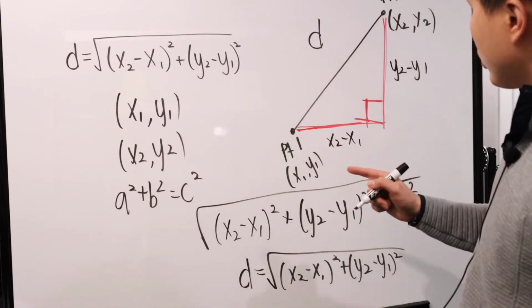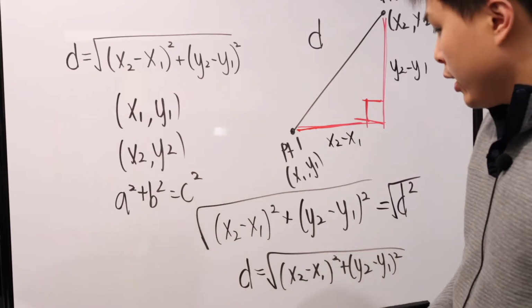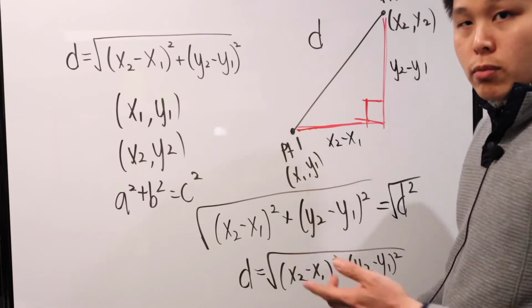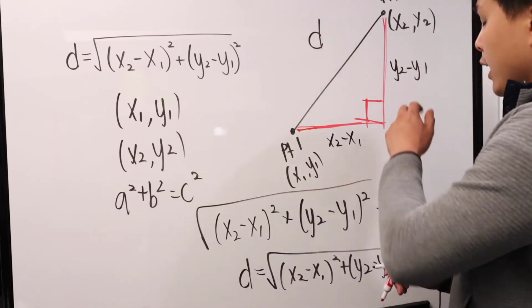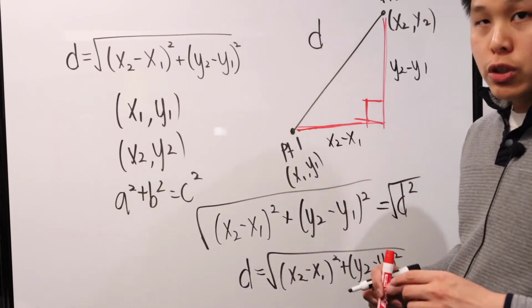Now, this turned out really nicely because I named this one point 2 and I named this one point 1. If I switched it over and said this is point 1 and this is point 2, does it matter? No, not really. Because remember, in the square root, there's that square. It doesn't matter if the difference ends up being positive or negative, because when you square it, the answer is still going to be the same.